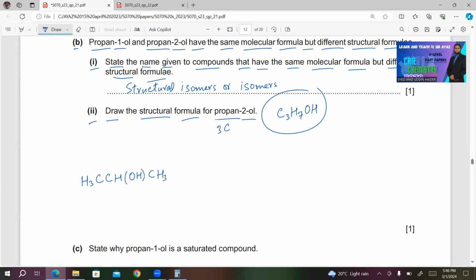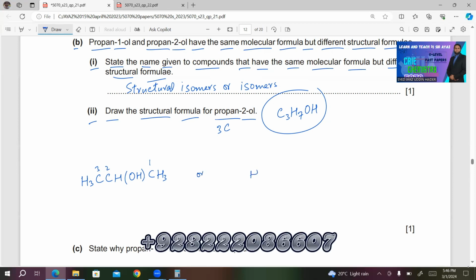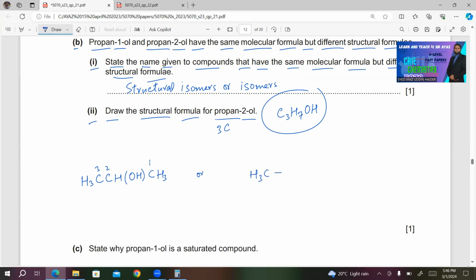It must be propan-2-ol. 1, 2, 3. This OH is on the second position. Alternatively, you can draw in this way also. H3C, single bond C, single bond H. Now I'm showing OH here. Now half part of this is shown as displayed formula and other half as structural form.